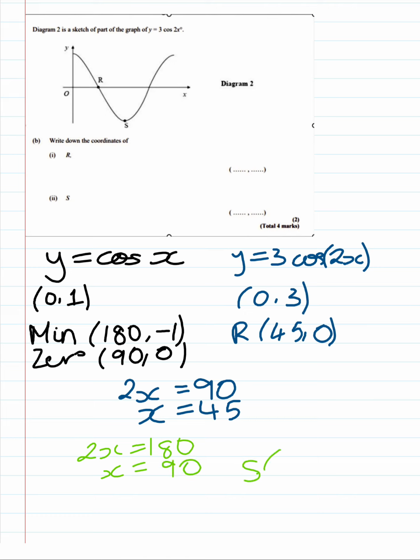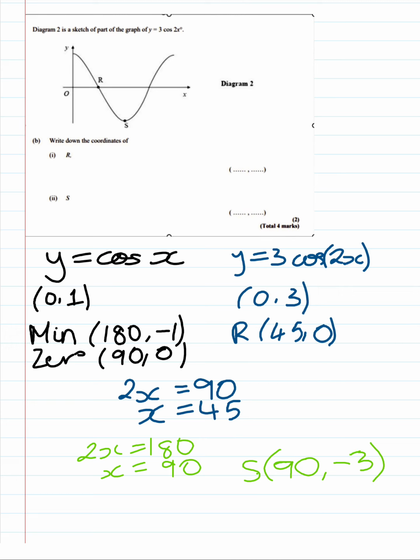This gives us the x coordinate of S. At this point, y is normally equal to minus 1. However, our new equation means we have to times all of our y values by 3. And so S occurs at the point 90, minus 3.